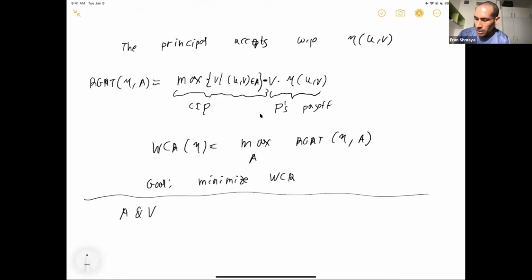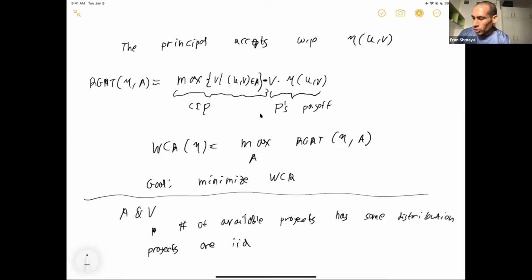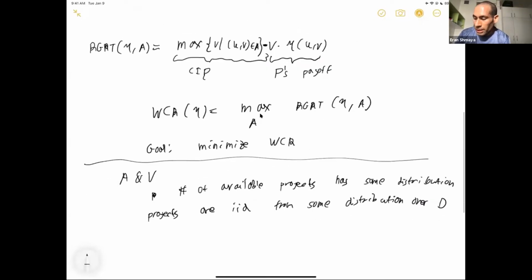They assume that the number of available projects has some distribution over integers, like Poisson or geometric or whatever, and projects are IID from some distribution over D, the same D that I had before, the rectangle, and independent of their number.